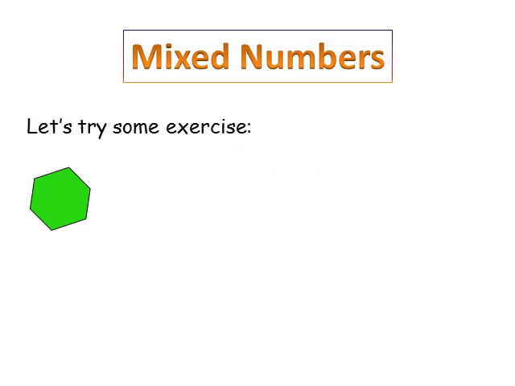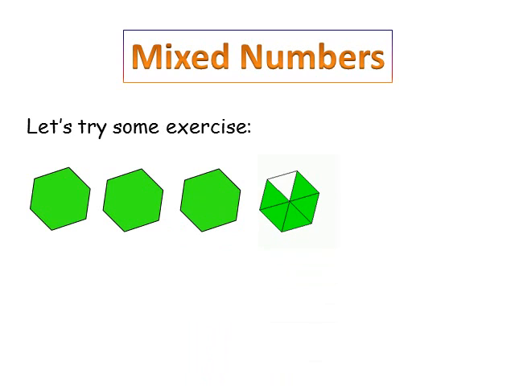So let's try this hexagon. Okay, so this is one whole hexagon, and there's another whole hexagon, and there's another one. We just assume that we consider the ones that are shaded green as one whole.